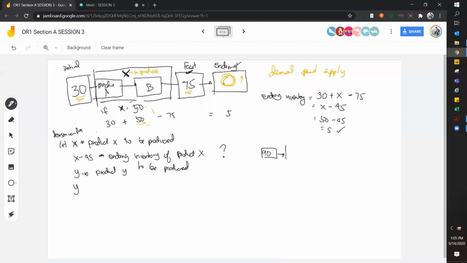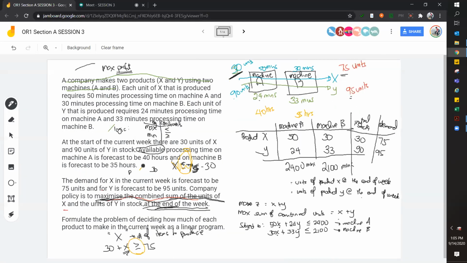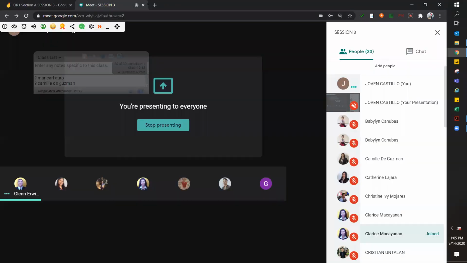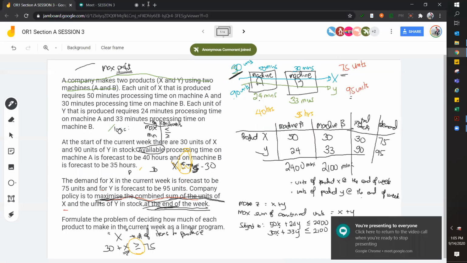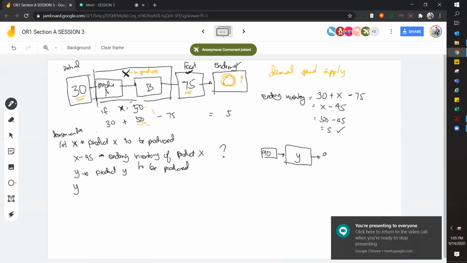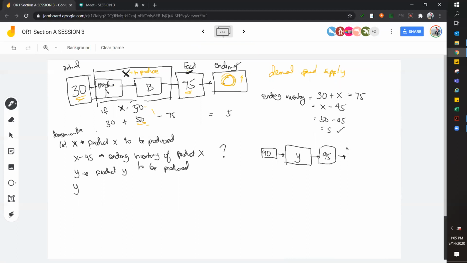I will process Y, which would give me the forecast of 95. What should my ending be? If I represent it, ending is equal to my stocks now plus what I will produce minus 95.